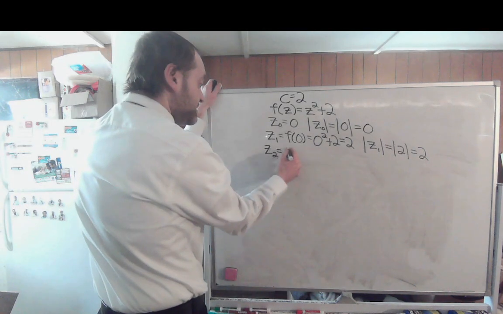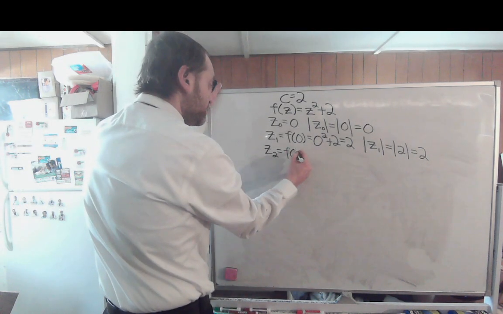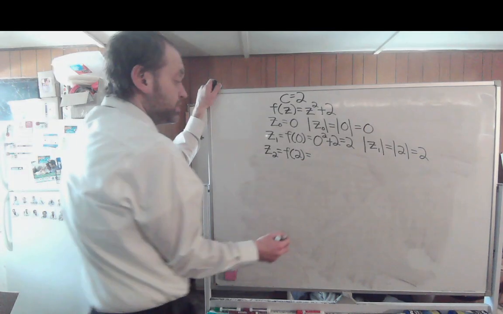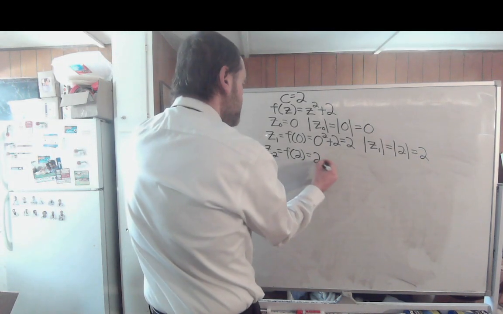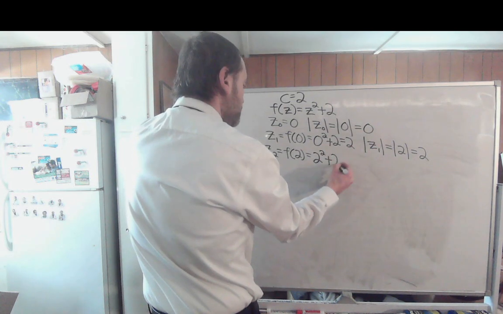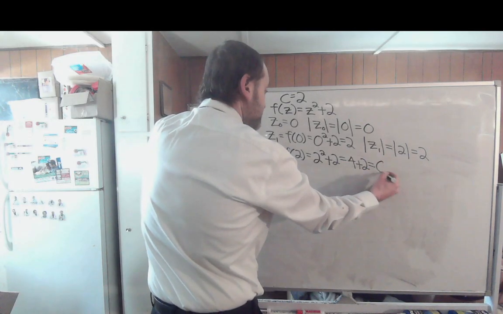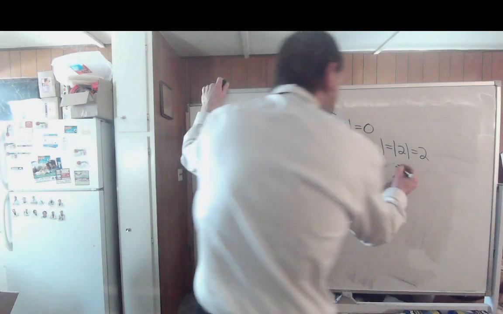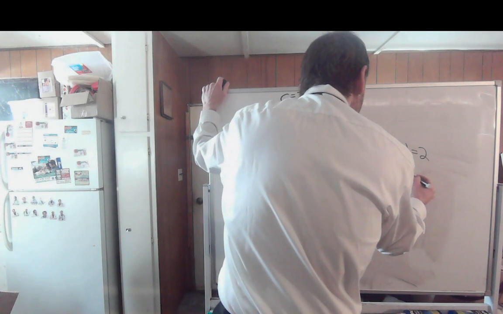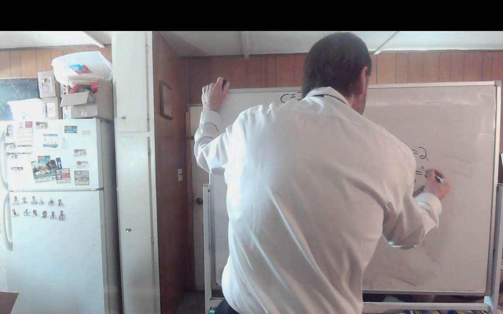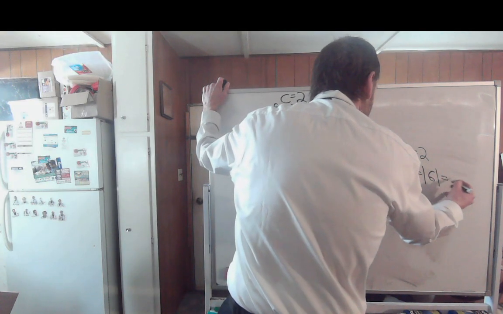That's f of z sub 1, which would be f of 2. So you would end up with 2 squared plus 2, which would be 4 plus 2, which would be 6. Well, the absolute value of z sub 2 equals the absolute value of 6, which is just 6.